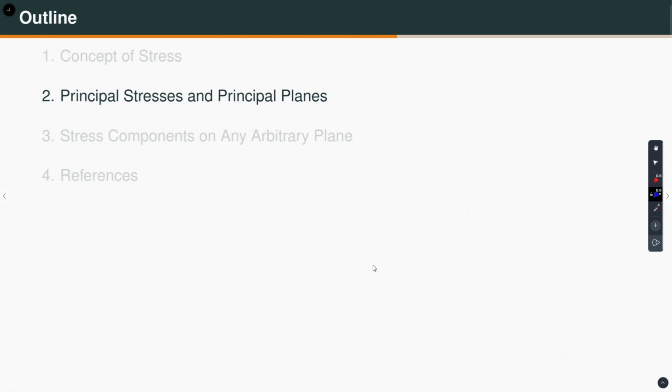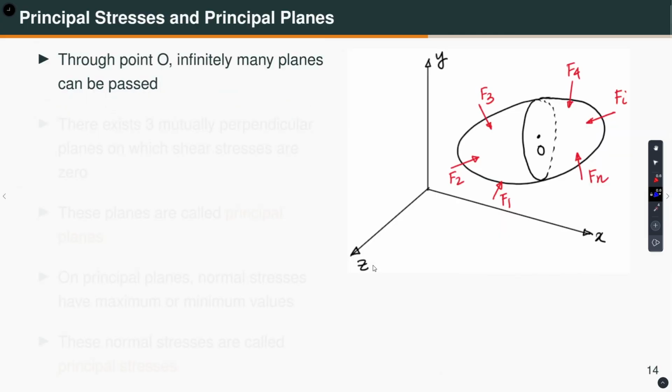Now, let us talk about principal stresses and principal planes. Like I was mentioning, this is the body we took, and through this point we can pass infinitely many planes.